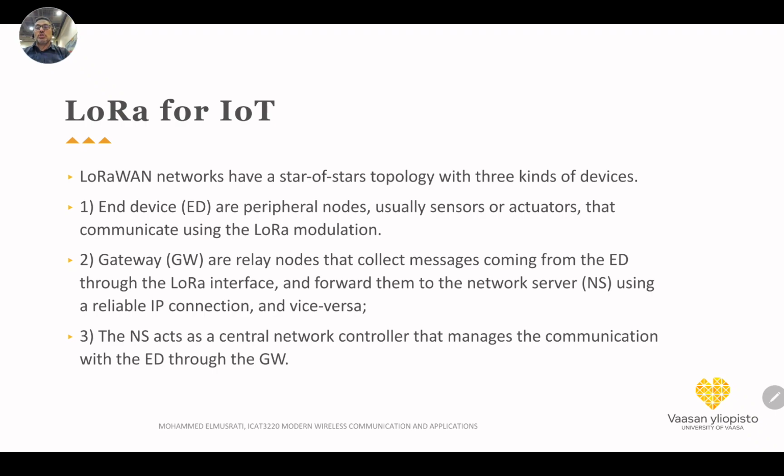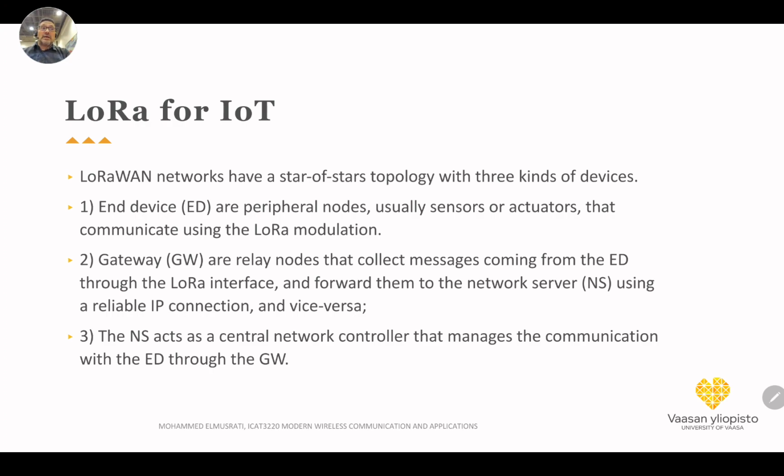The LoRa Alliance started in 2015, as we mentioned before, and nowadays it contains more than 500 partners or members, and they are big companies like IBM and Cisco, and many other big companies.